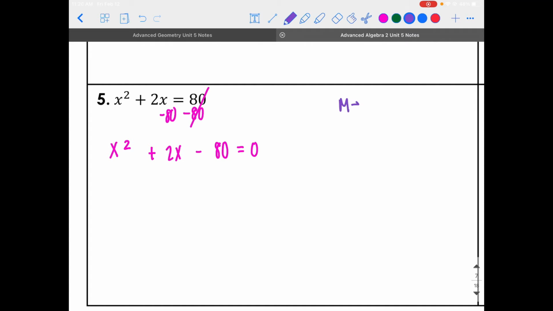So I'm looking for two numbers that multiply to be negative 80 and add to be 2. Those numbers would be 10 and negative 8. So when I factor, I get x plus 10 and x minus 8.